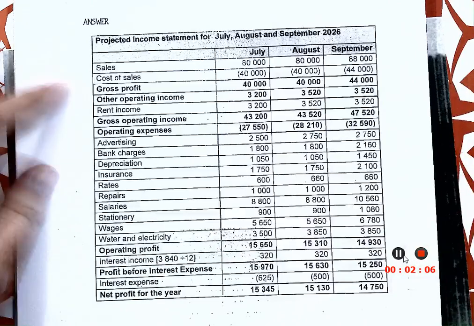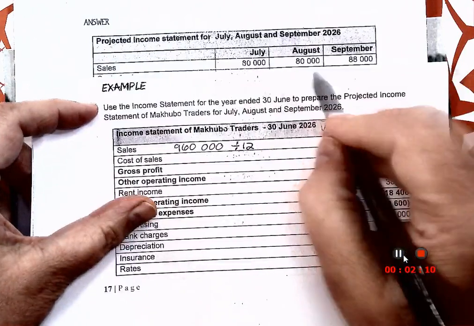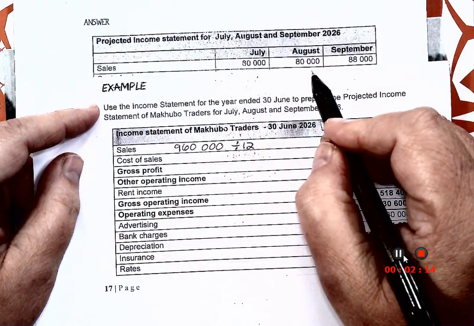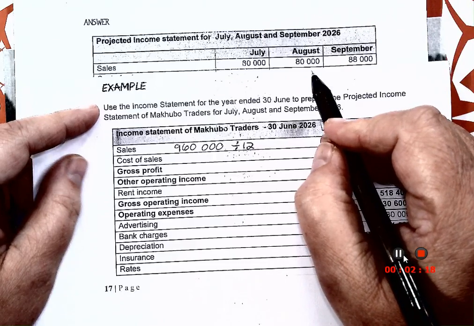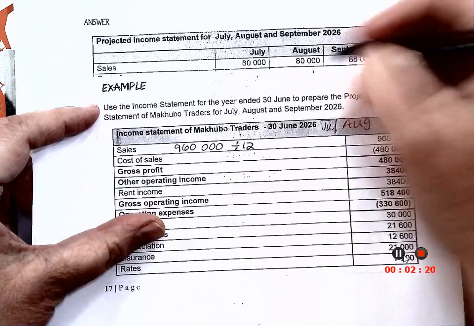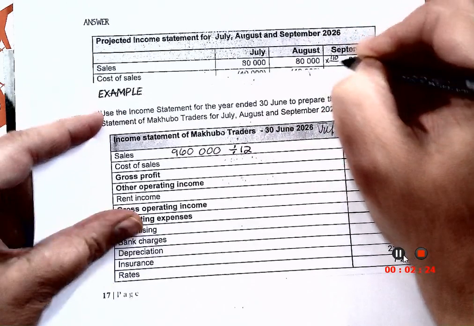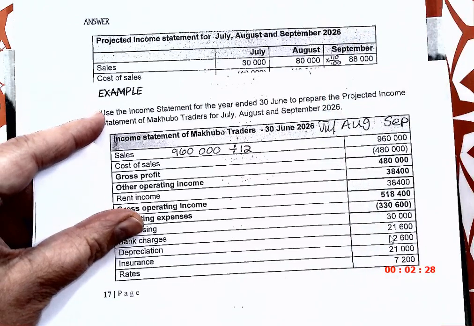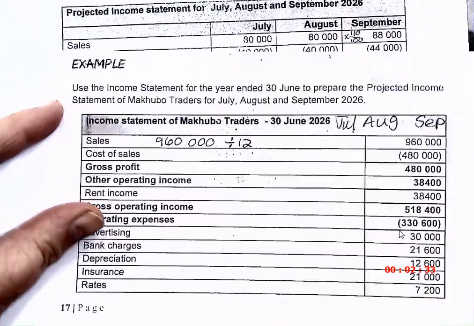Now, can you see here? Sales, July and August, 80,000. And it increases with 10% in September. So, I'm going to say times 110 over 100. And it will give me 88. Everybody sharp. Nothing difficult there.